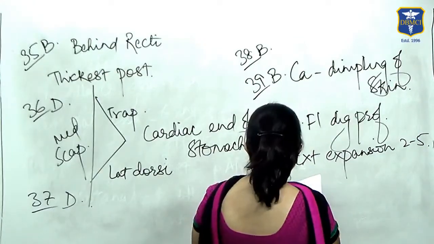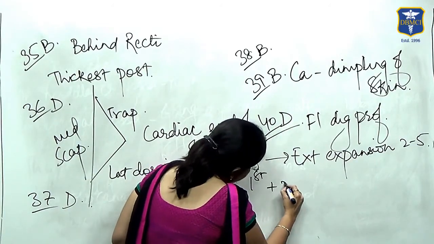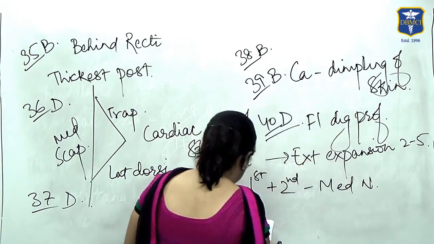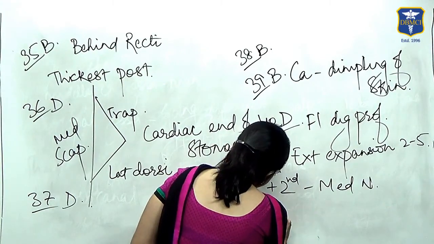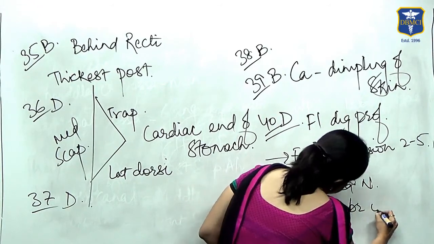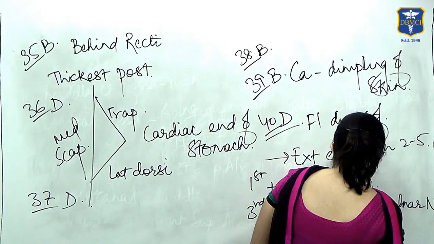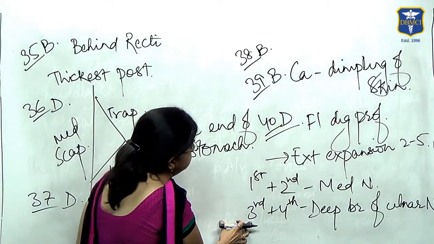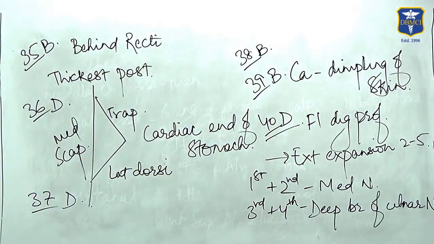The nerve supply is: the first and second are supplied by the median nerve. The third and fourth are supplied by the deep branch of ulnar nerve. Occasionally, the third lumbrical may receive its innervation from the median nerve.